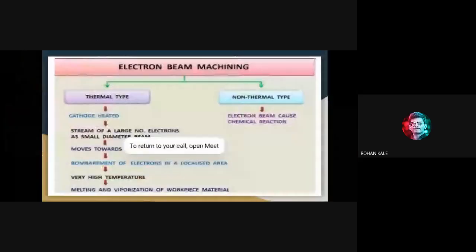So the kinetic energy of this electron beam is used for machining to take place, and it converts the kinetic energy of the high velocity electron beam into heat energy.